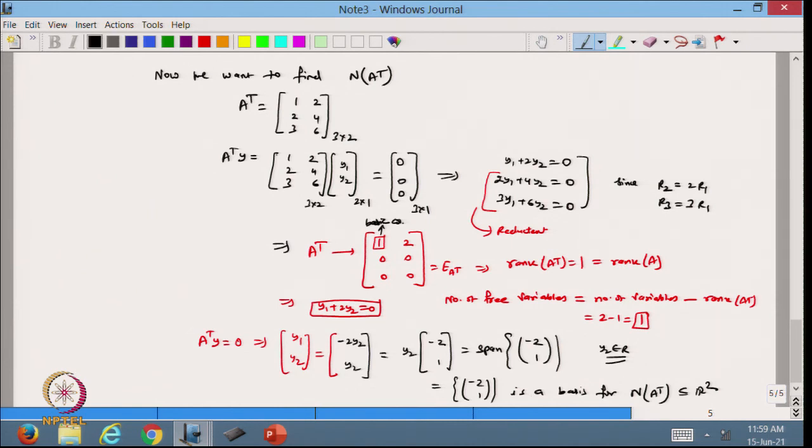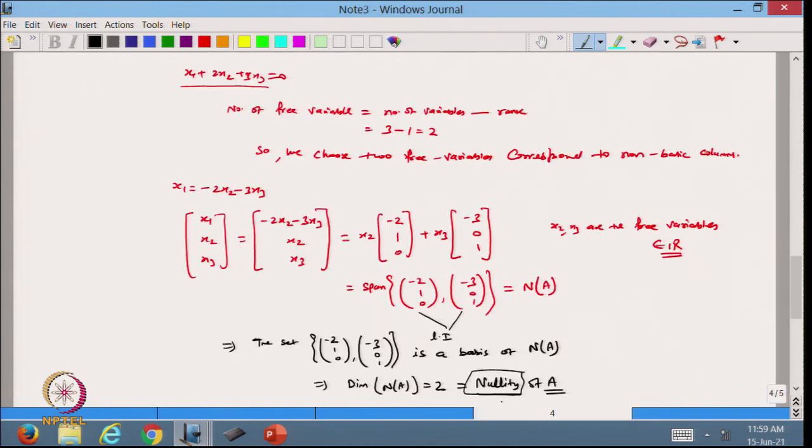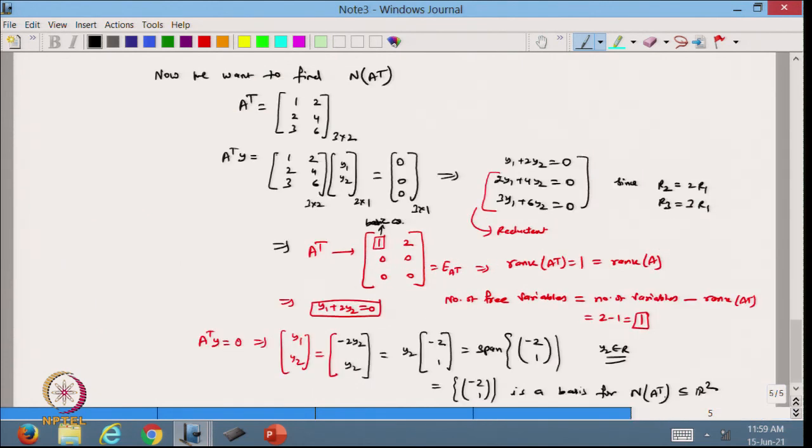Now, based on this we found that the null space of A is of dimension 2 and the null space of A transpose is of dimension 1. So, I can say that the nullity of A transpose is 1.